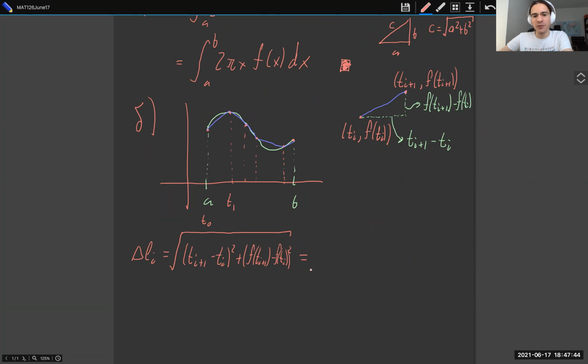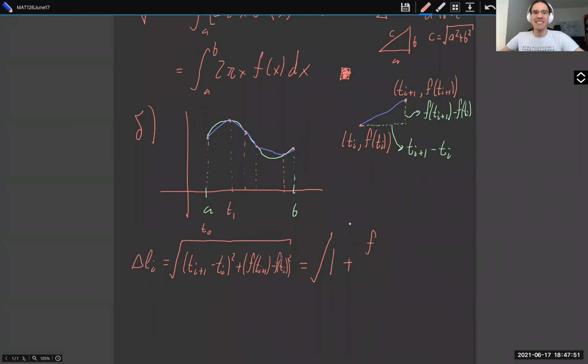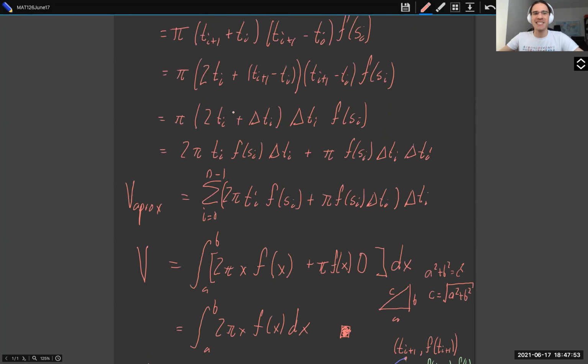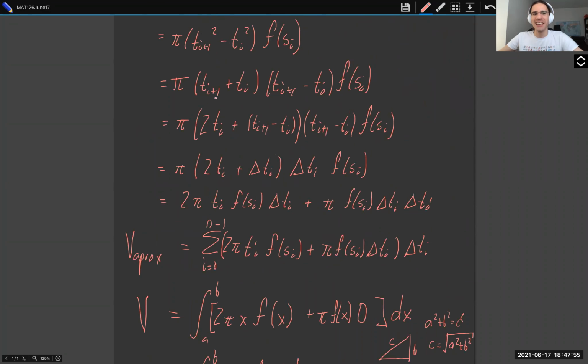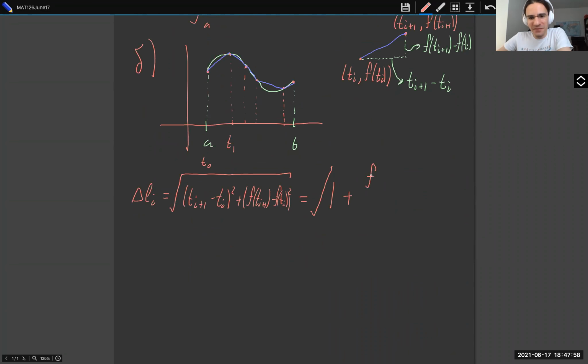So I'm going to write this as the square root of 1 plus, the person before who suggested taking out a t sub i, that's what we're doing now. So all of this is squared.